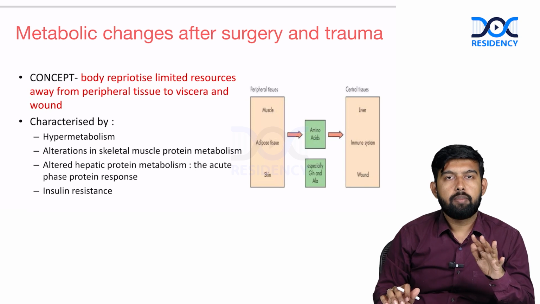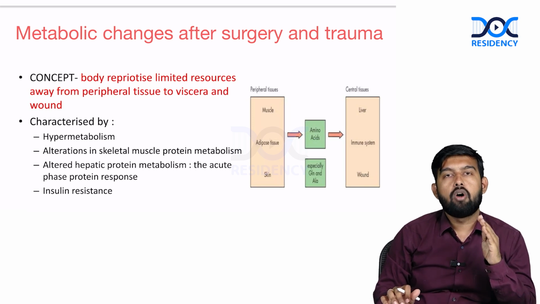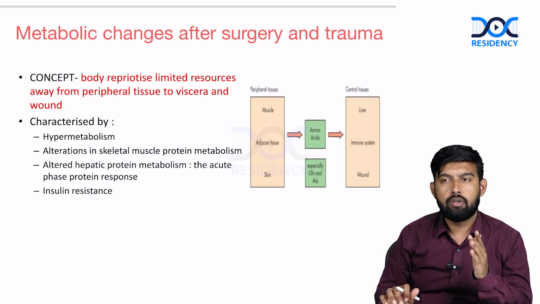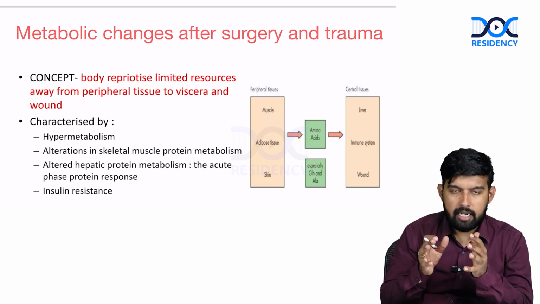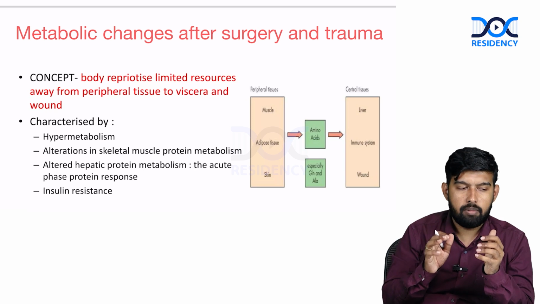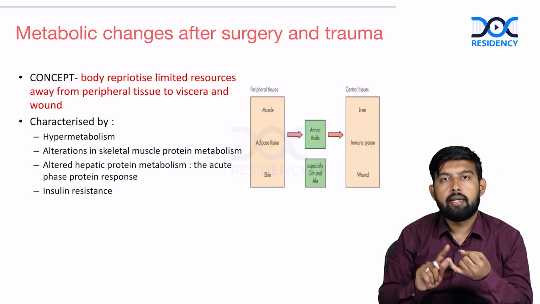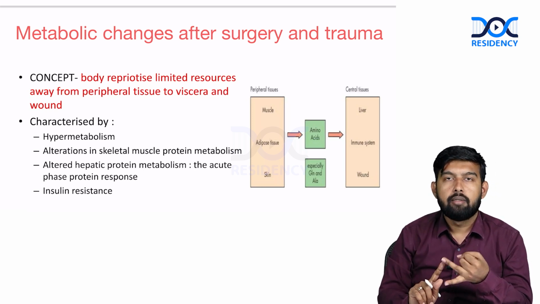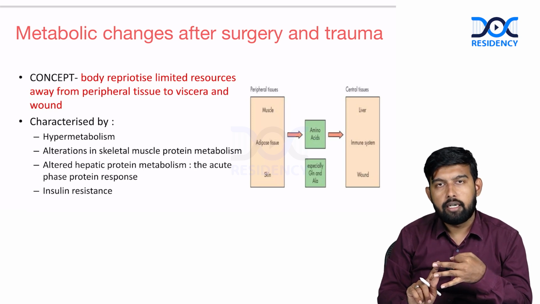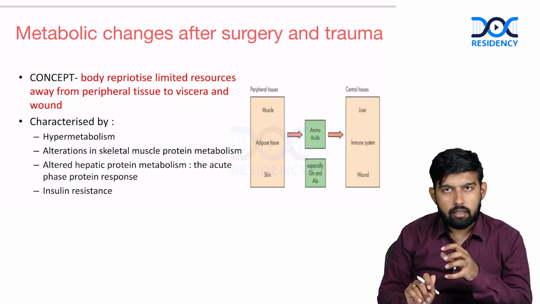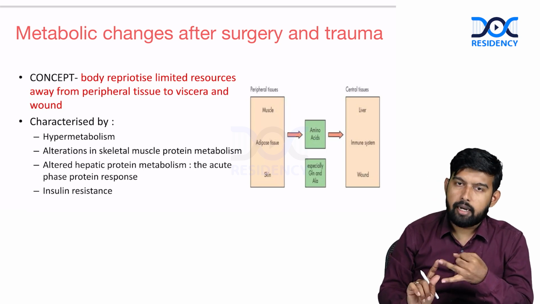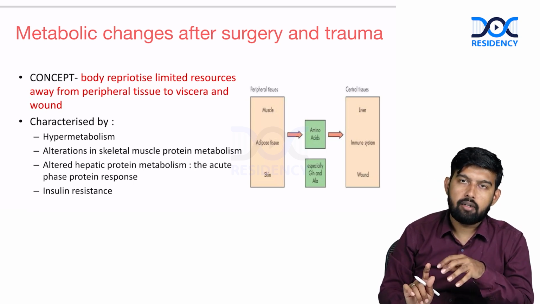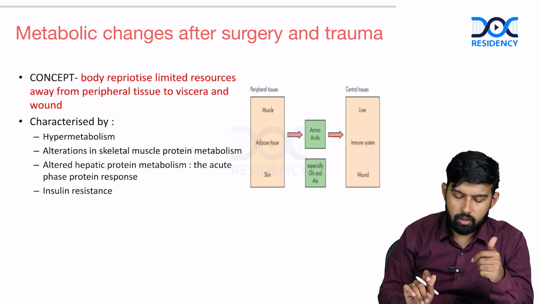So, let's see what metabolic changes occur in the body after surgery or trauma. The basic concept is that after a trauma, surgery, acute hemorrhage or shock, the body tries to limit its resources and provide them to the vital organs like heart, brain, liver, and kidney, and tries to convert resources from the muscle, adipose tissue, and skin for the viability of the body.